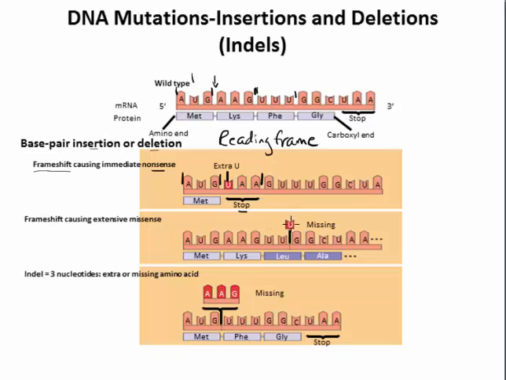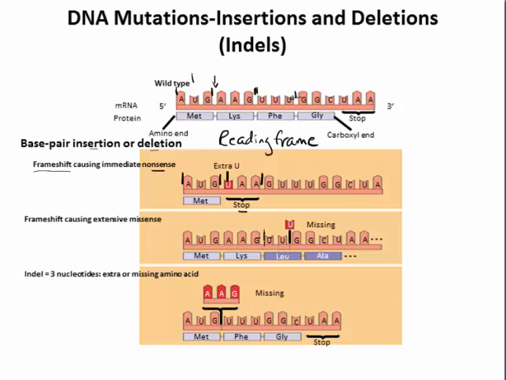Alternatively, we could have insertion of, or deletion, either way, of a nucleotide that changes amino acid sequence extensively downstream from that mutation. So, for example, deleting a uracil from this codon, which did encode phenylalanine, UUU, removing that now would shift this G over to take the place of that U, right?